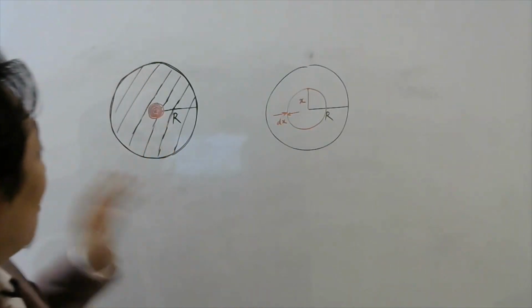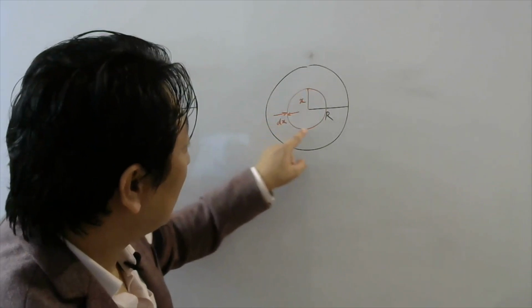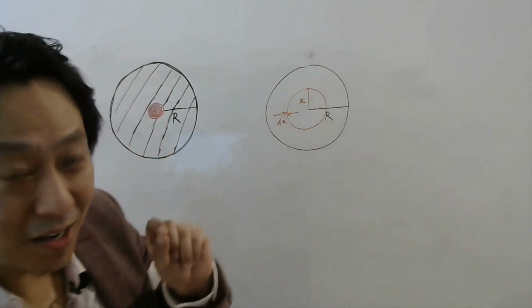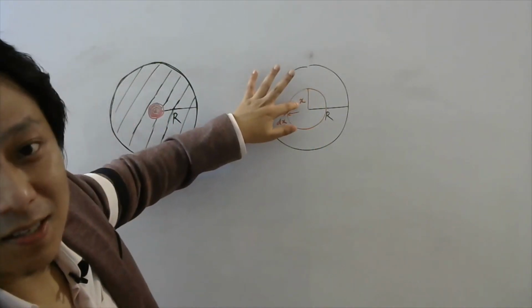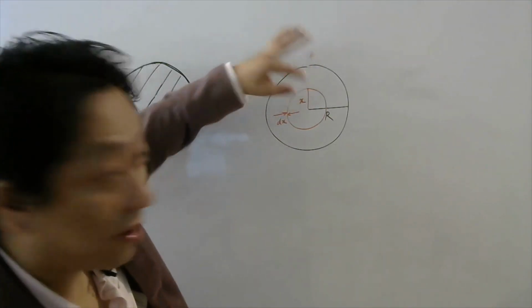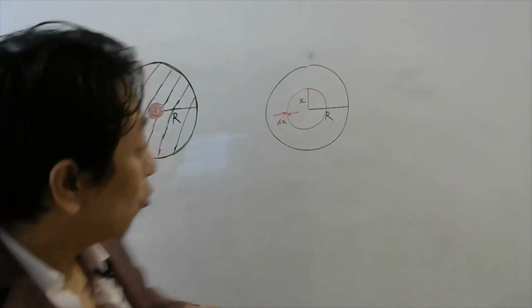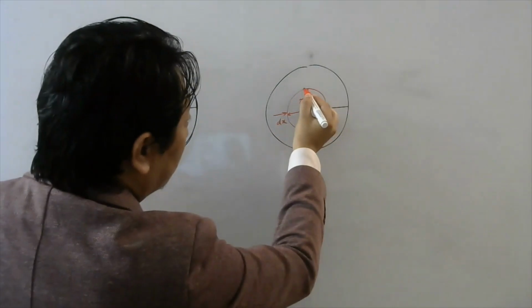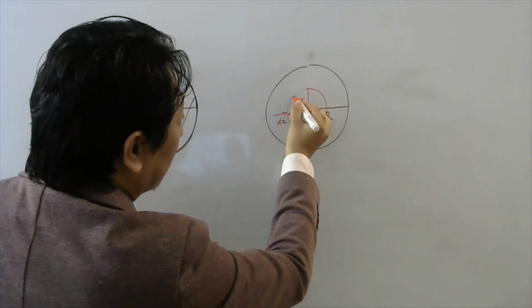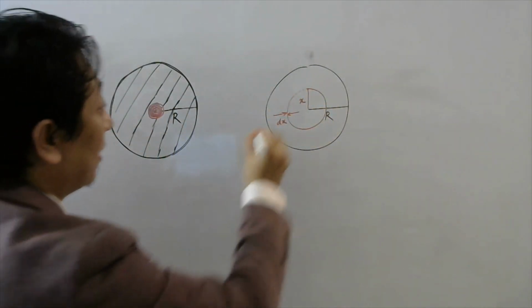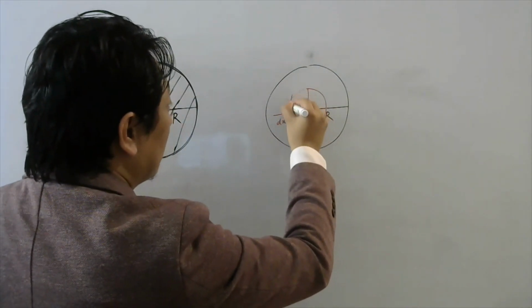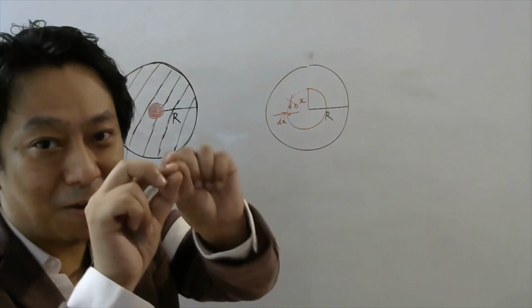Okay, so let us take one such ring here. This red color is the ring whose radius is x, and this thickness I have called dx. So what would be the area of this ring? This part I am asking. So how will I find that area? Let's say I cut this ring and then I open it.